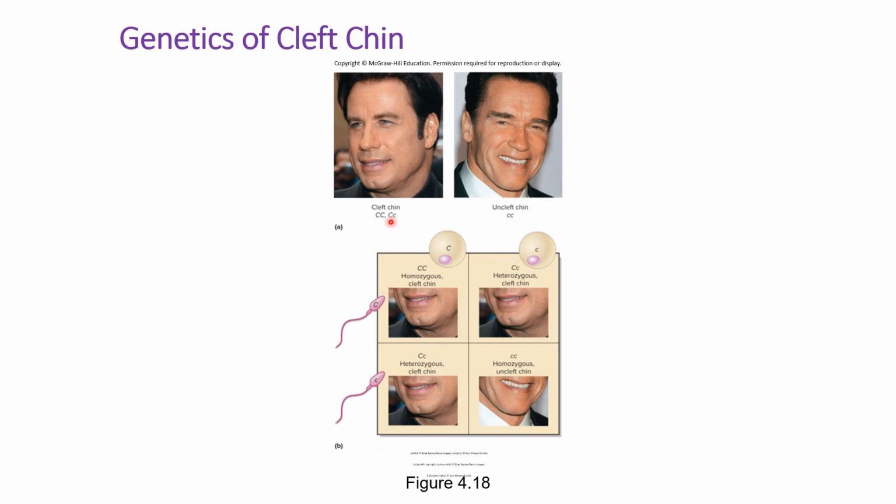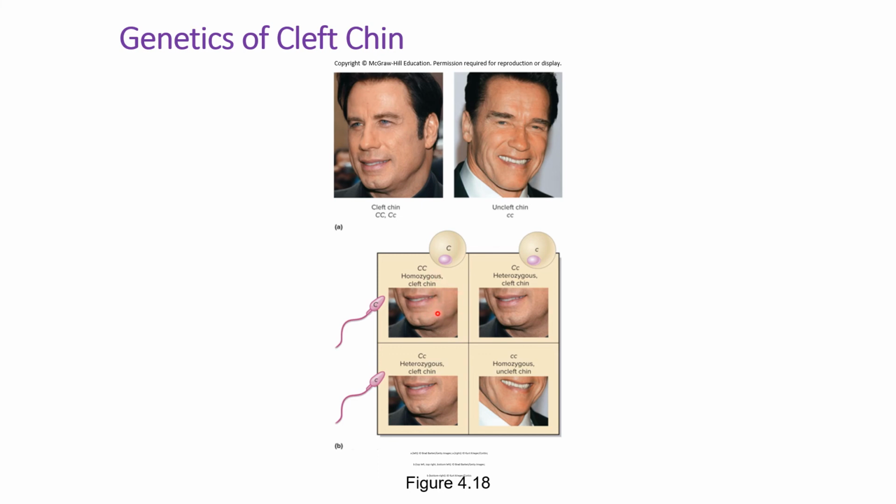We have our alleles written out here. So cleft chin, what is that? Well, let's look at the bottom. This is a Punnett square. So what we're basically trying to predict is, is this person going to get the cleft chin or not?